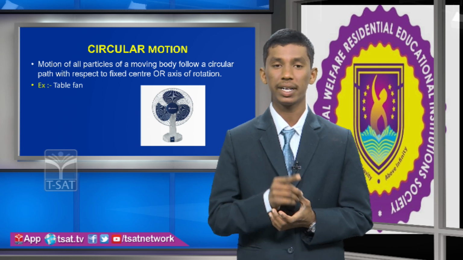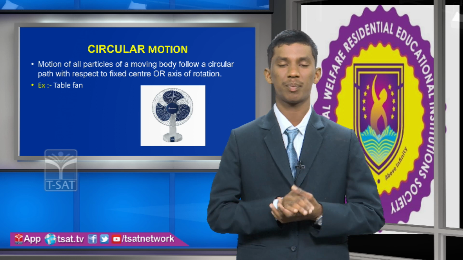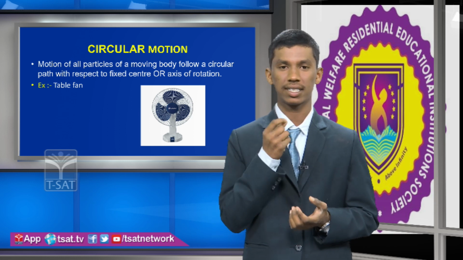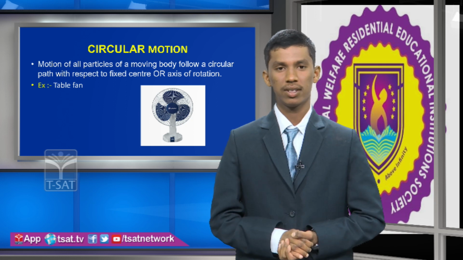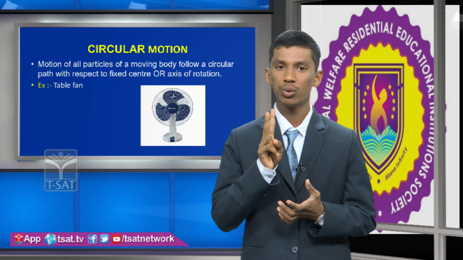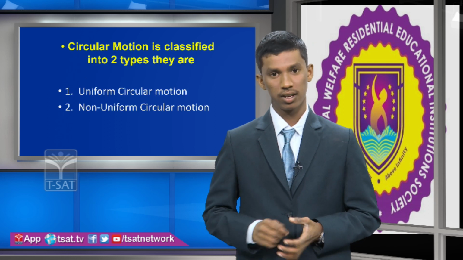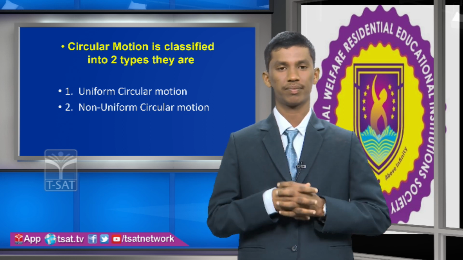Here the blade particles follow a certain circular path about a fixed axis, so it is in circular motion. Circular motion is again classified into two types: uniform circular motion and non-uniform circular motion.